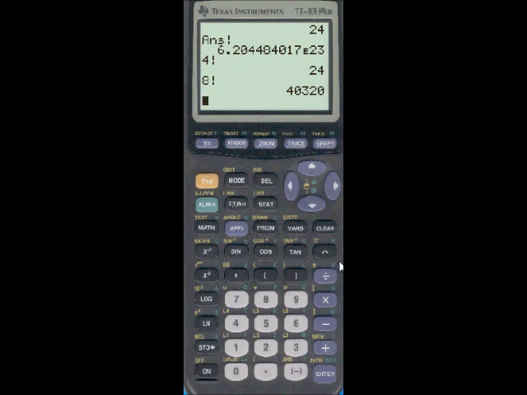Okay, let's talk about something else here. Let's say you're being asked to do this, and let me clear this thing so I have something to actually write on. Let's say you had 19 factorial divided by 17 factorial.